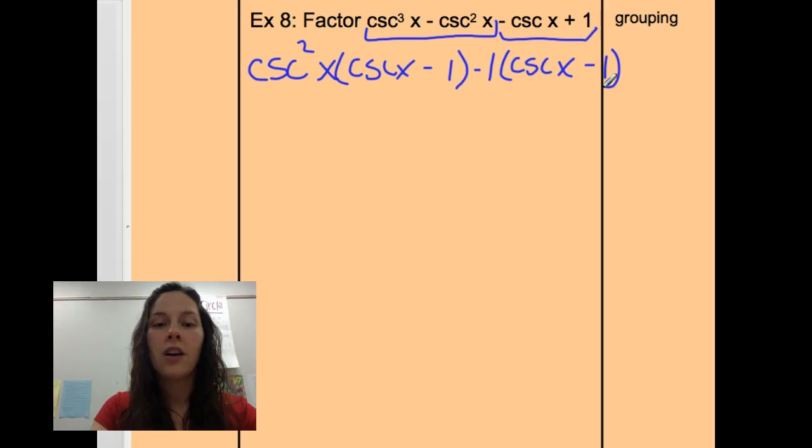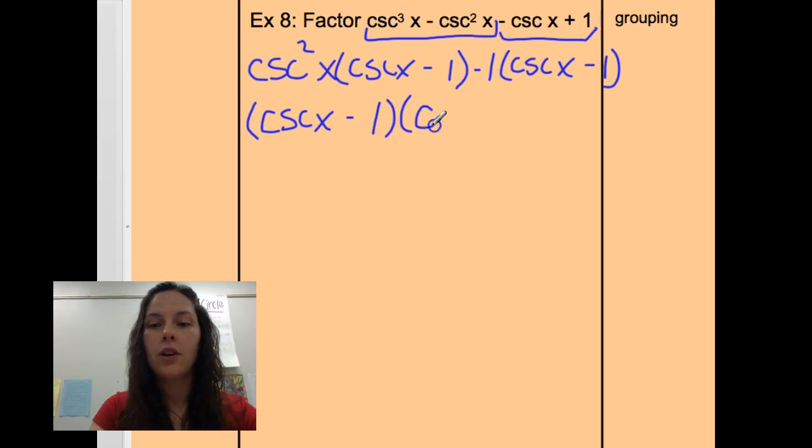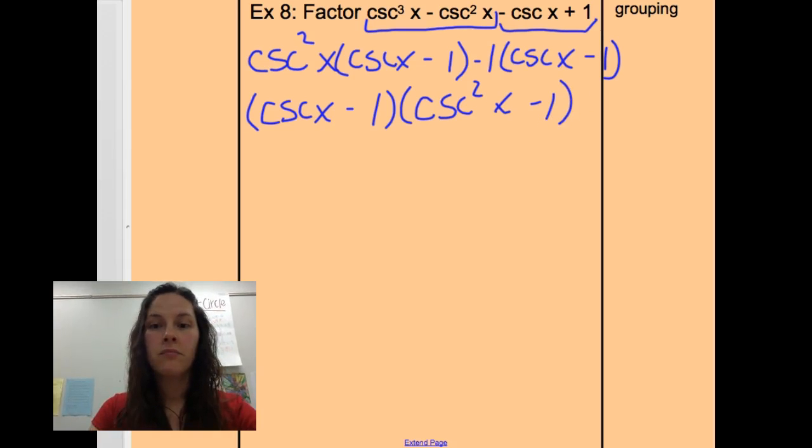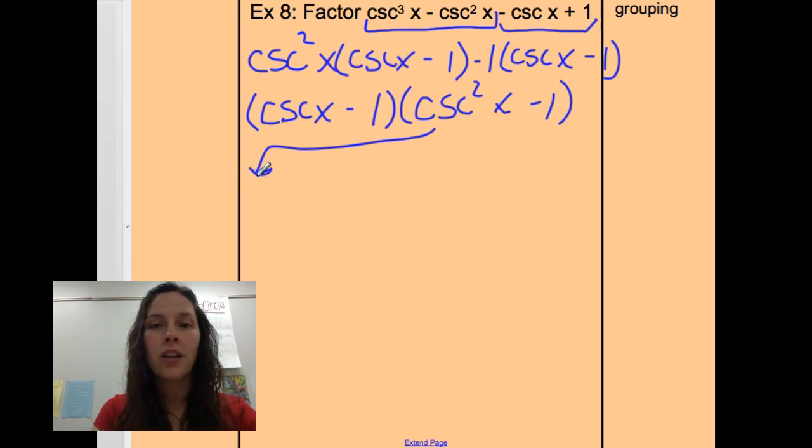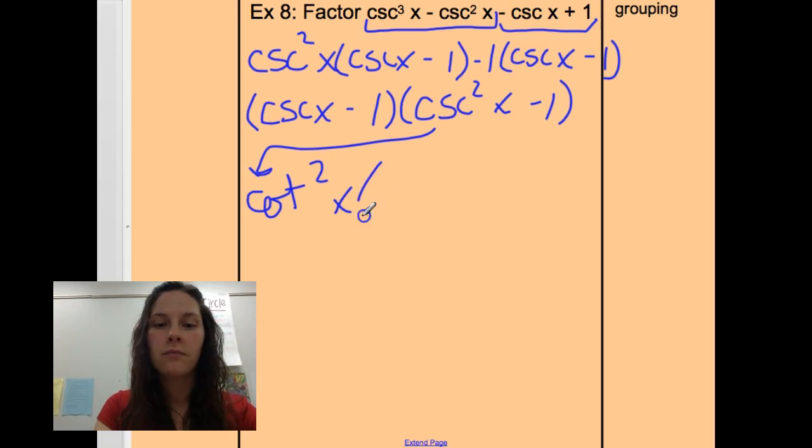Now I'm going to factor out that cosecant x minus 1, and I'm left with cosecant squared minus 1. But we recognize this as one of the Pythagorean identities. So I'm going to put this in front. Cosecant squared minus 1 is the same as cotangent squared times cosecant minus 1.